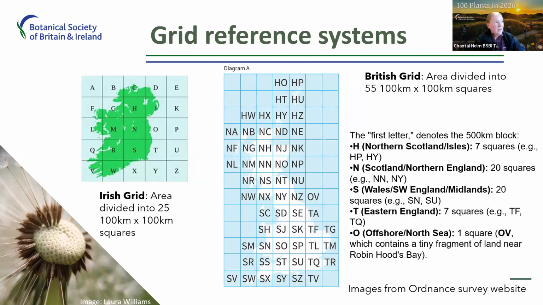Now, if you were to go anywhere else in the world, the Irish or British grid would not work. A lot of other places will use maybe their own grid system, depending on where they are located on the surface of the Earth. But a more universal system that you may have heard about is latitudes and longitudes. But because the Earth is not flat, it's a sphere, there will be slight differences in the projection and all the rest in terms of calculating.